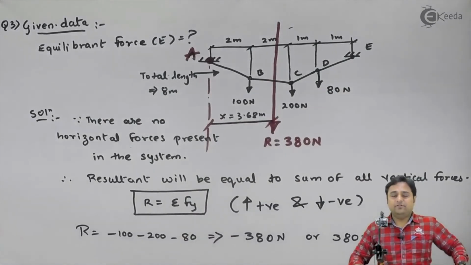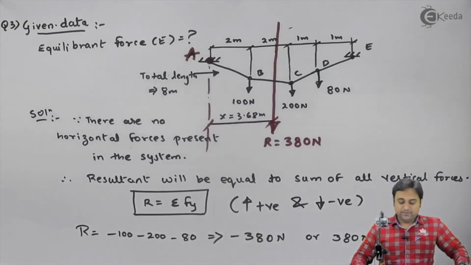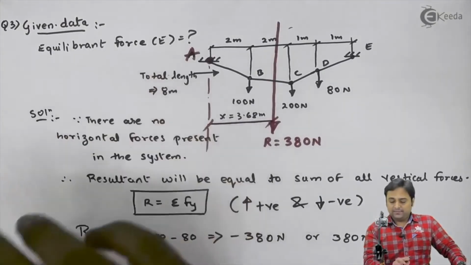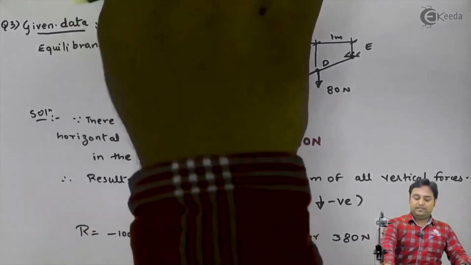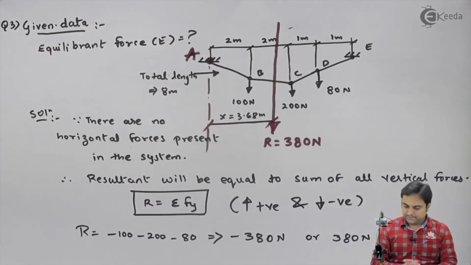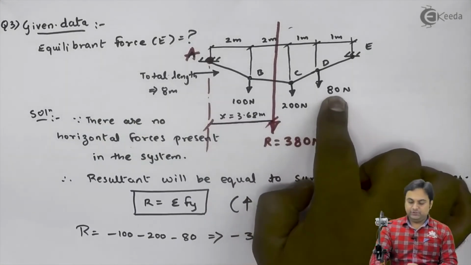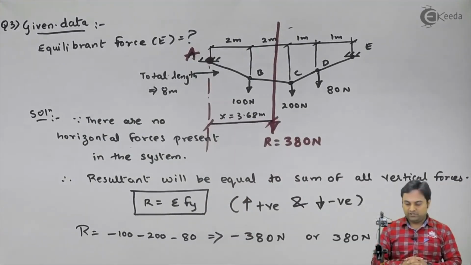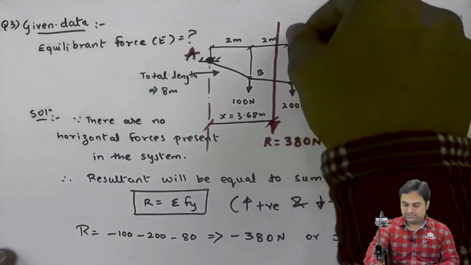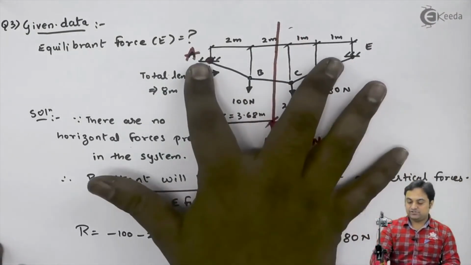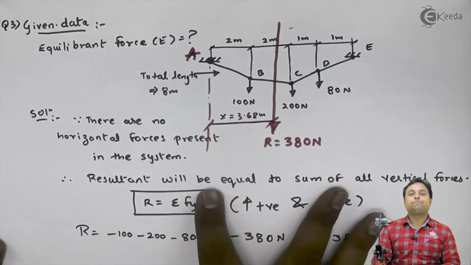That's the location of the resultant. Now, if we look very carefully at this question, an equilibrium force is asked. It means if I replace the 100 Newton, 200 Newton and 80 Newton by one single force, that single force is this resultant, and because of it the string will move down.